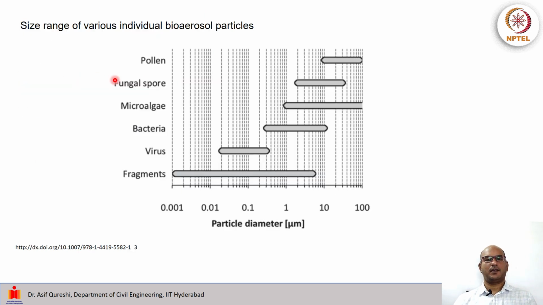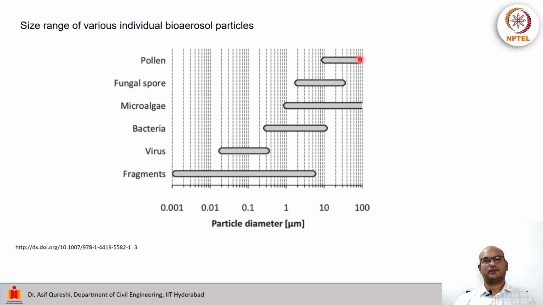If we look at the size ranges of different individual bioaerosols, fragments can go very low. So here they have gone to 0.001 micrometers, so 1 nanometer. And so we will start from pollen.